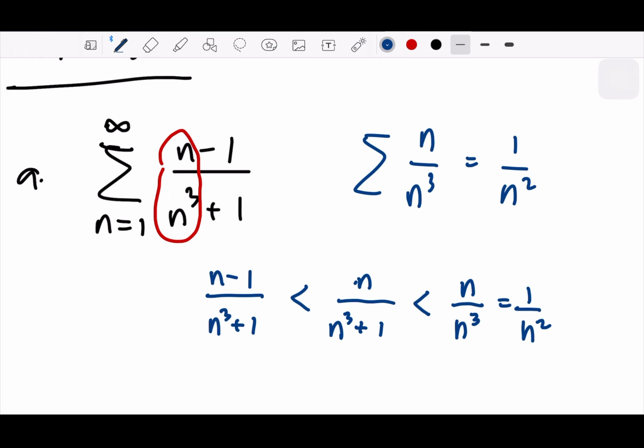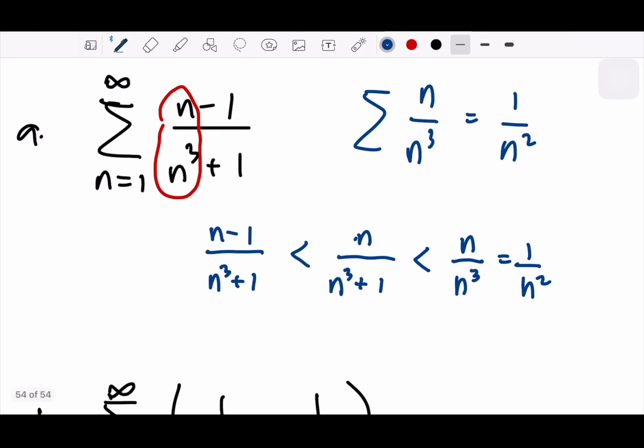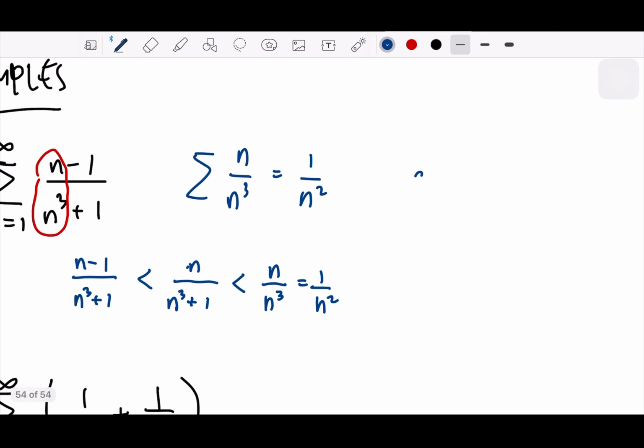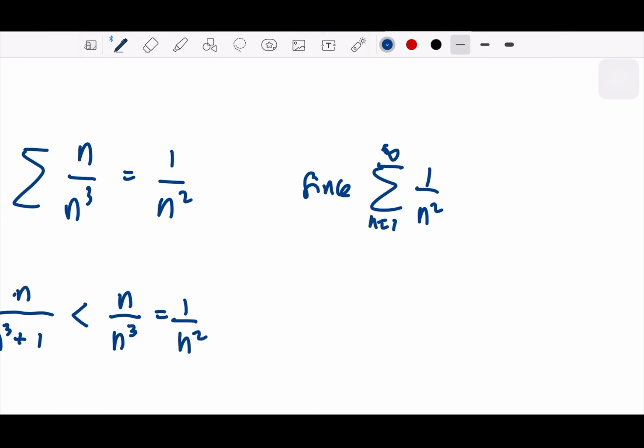And since it's less than this 1 over n squared, and 1 over n squared is the convergent series by P series. Okay? So we can write, since the series converges, let me remind you that this is a P series, P is greater than 1.